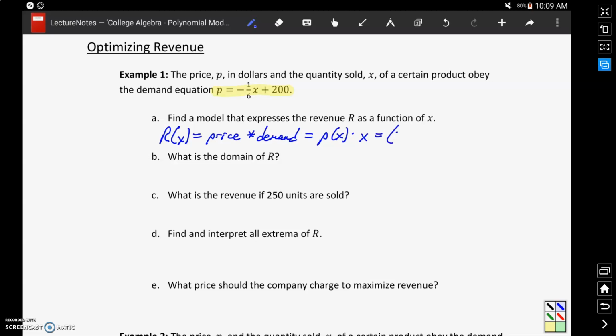This is going to give us -1/6 X plus 200 times X, or a revenue function of -1/6 X squared plus 200x, once we take that x and distribute it through both terms of that price demand function.